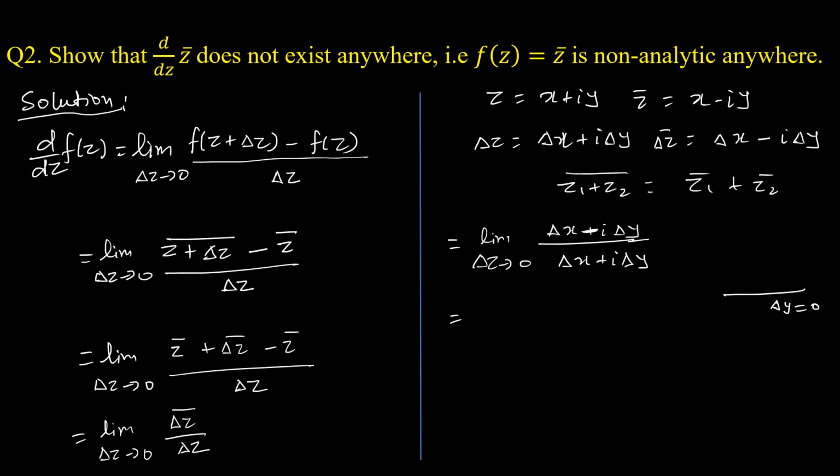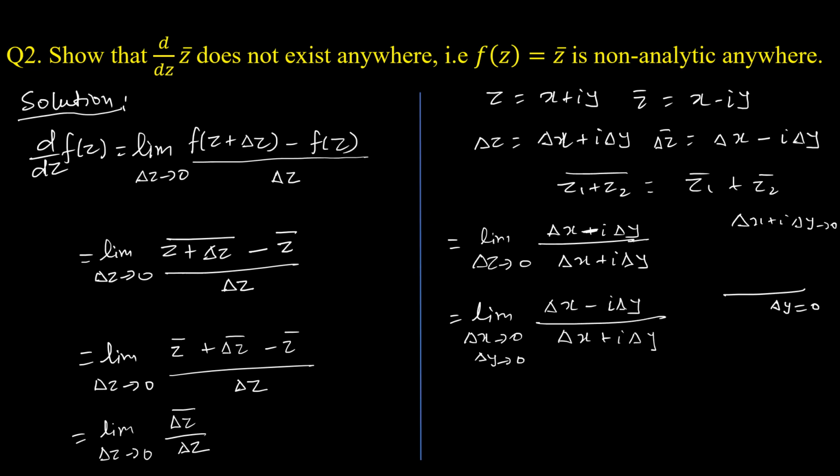In that case, del z tends to 0 means del x plus i del y also tends to 0, so del x and del y both tend to 0. So we can write limit del x tends to 0, del y tends to 0, of del x minus i del y upon del x plus i del y. By choosing this path, del y will be 0, so it can be written as limit del x tends to 0 of del x upon del x, and you get 1.